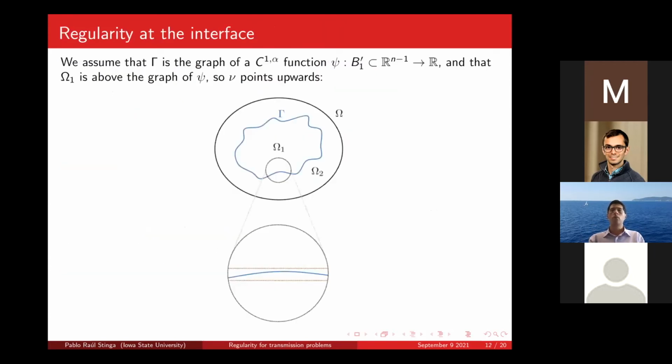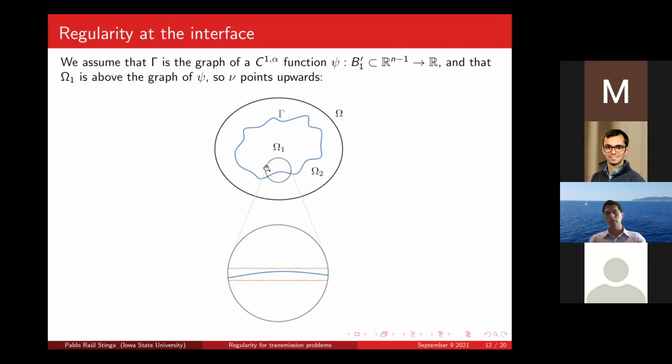So I would like to develop more or less the same idea for my transmission problem. All right. The problem now is that this is not a single equation. This is an interface, and we have u1 and u2. So let's first set up the geometry. Say we're looking at regularity near gamma.